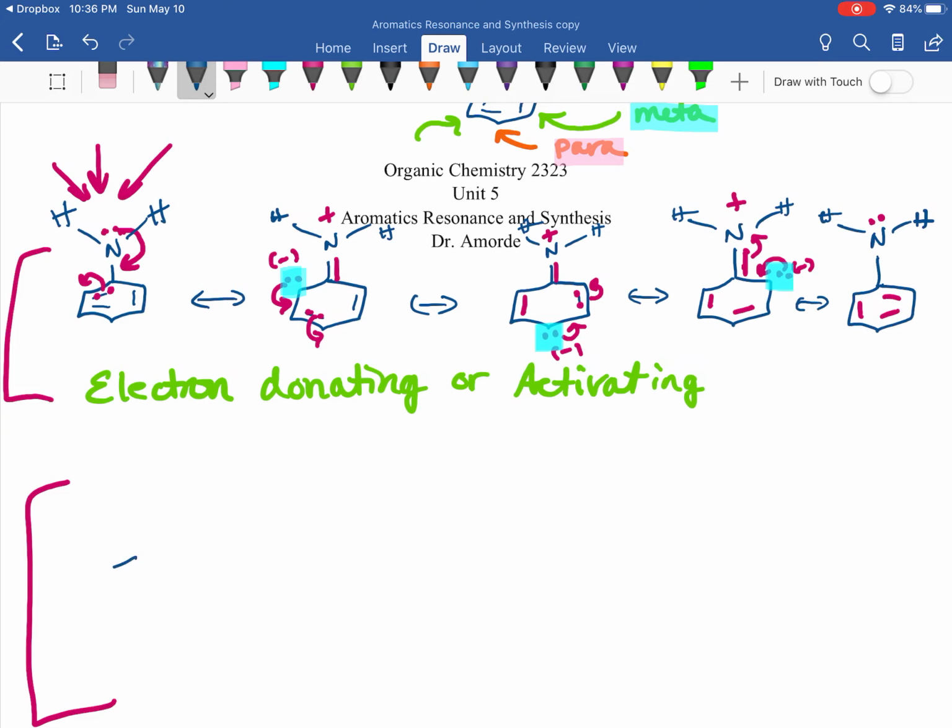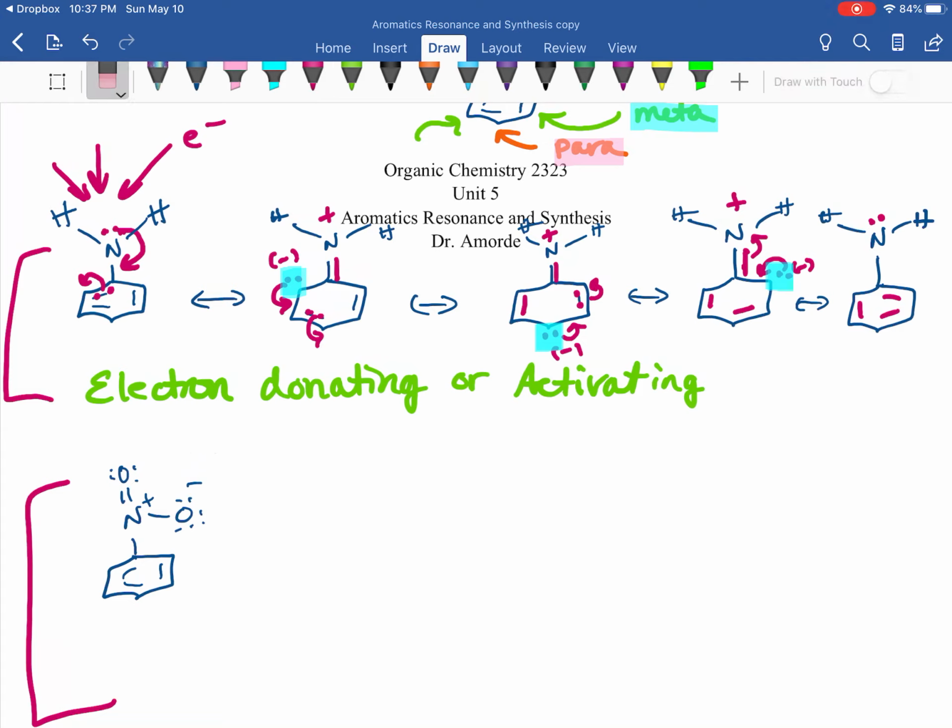So let's compare then. We've got resonance for electron donating. Let's draw resonance for electron withdrawing. So let's get your NO2 group up here. Okay, now you have a nitrogen right next to your benzene ring for both of them. But what's different? Well, two things. One, this lone pair was available, was screaming right there, I'm available.